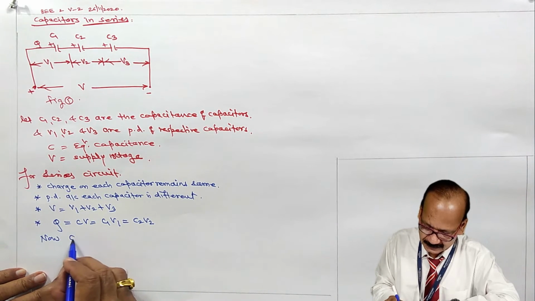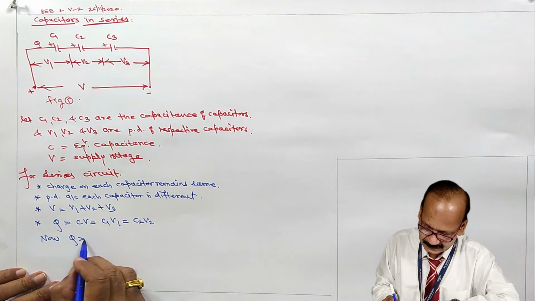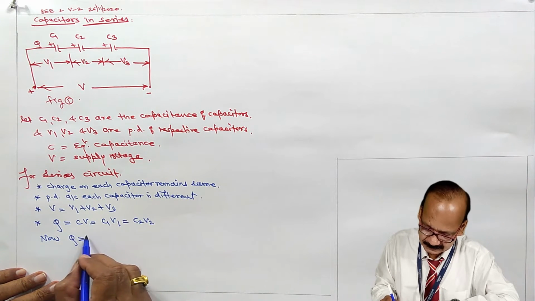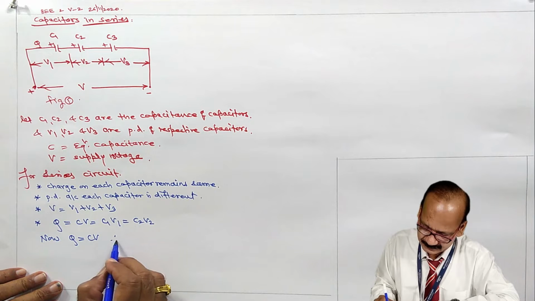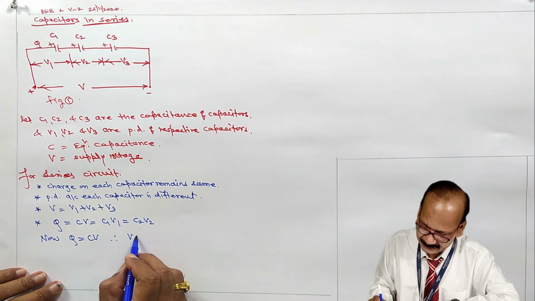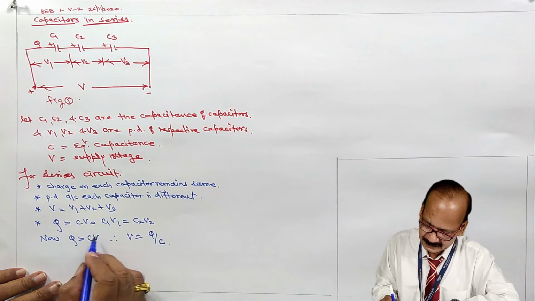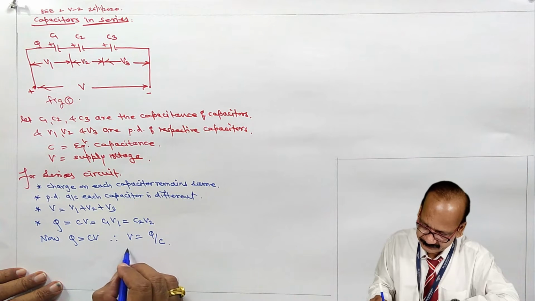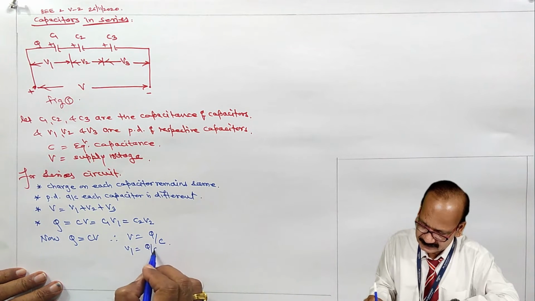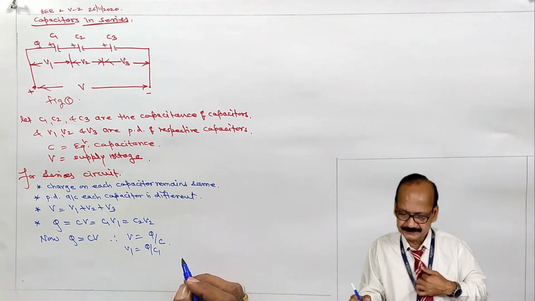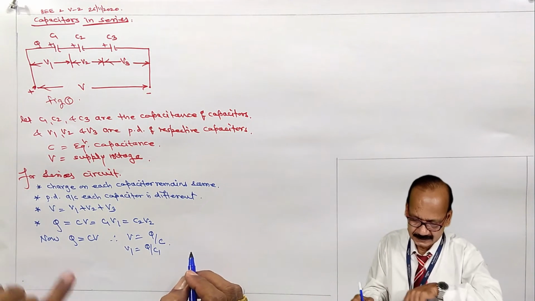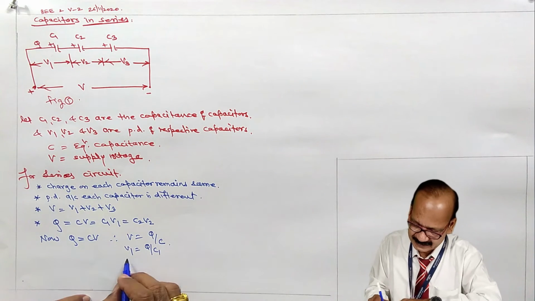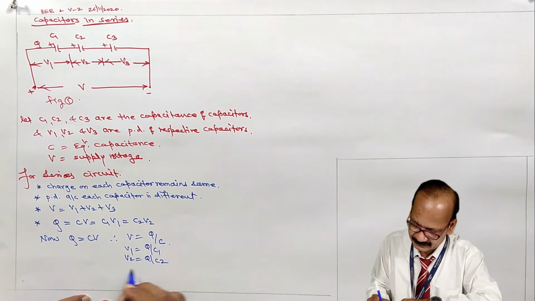Now Q equal to CV, and therefore V equal to Q upon C. Similarly, V1 equal to Q upon C1, V2 equal to Q upon C2, V3 equal to Q upon C3.